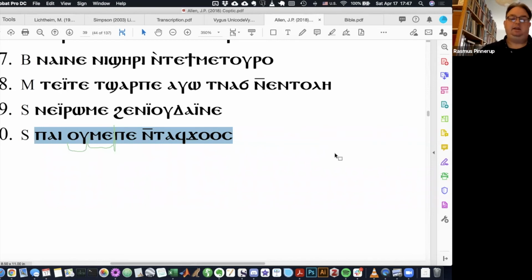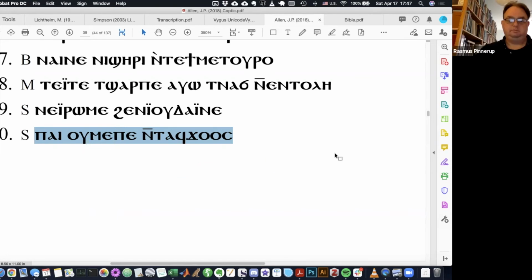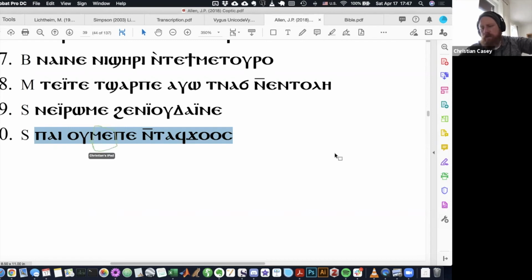Pe is. And then I guess this is the relative of the first preterite and tafjos. Is that correct? I think this word actually is a noun. But yeah, in Coptic there's not really a solid line between adjectives and nouns.